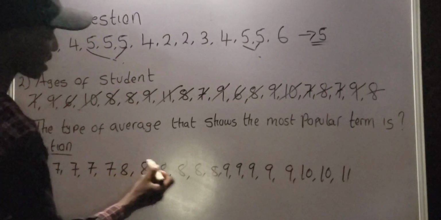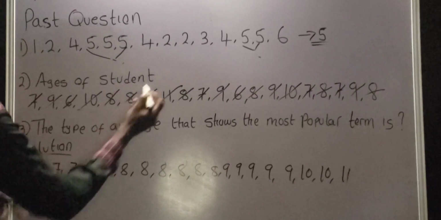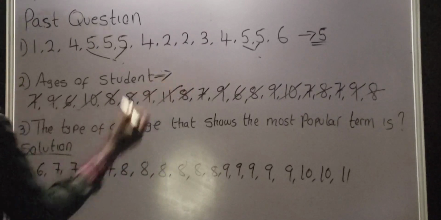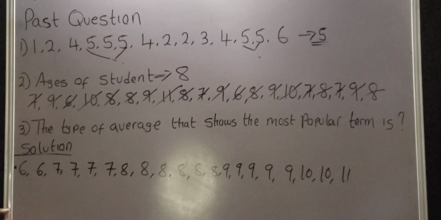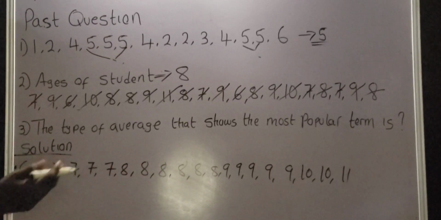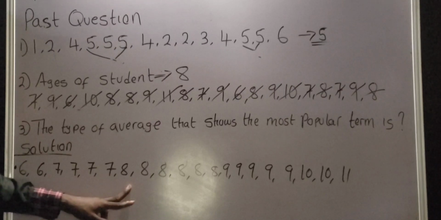So the mode of this data set is 8 because that is the most occurring value among the data set. Are you getting what I'm saying? That is the value among the data set that has the highest number of occurrences. So among the ages of these students, 8 is the mode. Why? Because it is the only value that occurs most among our data set.